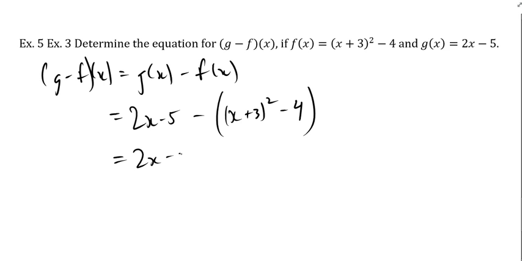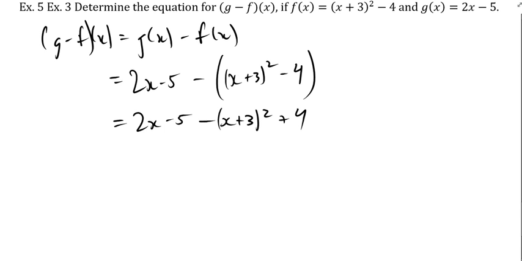So 2x minus 5 minus x plus 3 all squared plus 4. 2x minus 5 minus x squared plus 6x plus 9 plus 4.